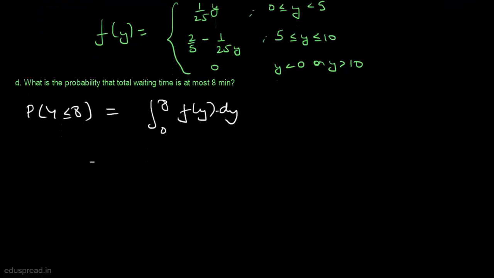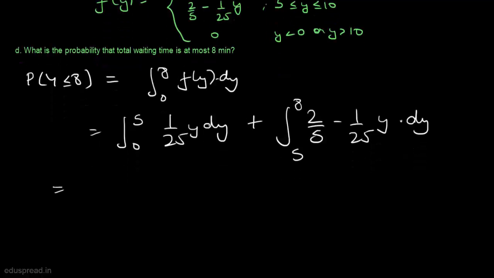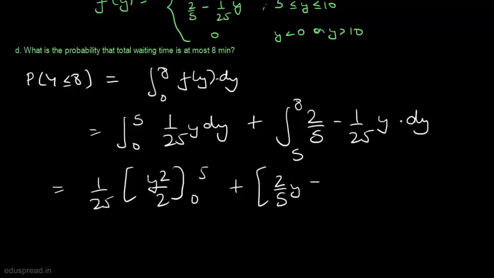So let's write it as the integral of 1 divided by 25y dy from 0 to 5, plus the integral of 2 divided by 5 minus 1 divided by 25y, from 5 to 8, and we have a dy here as well. This is equal to 1 divided by 25 times y squared divided by 2, with limits 0 and 5, plus 2 divided by 5y minus 1 divided by 25 times y squared divided by 2, with limits 5 and 8.